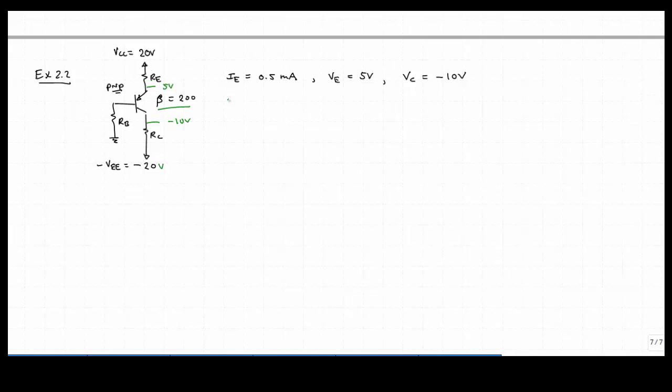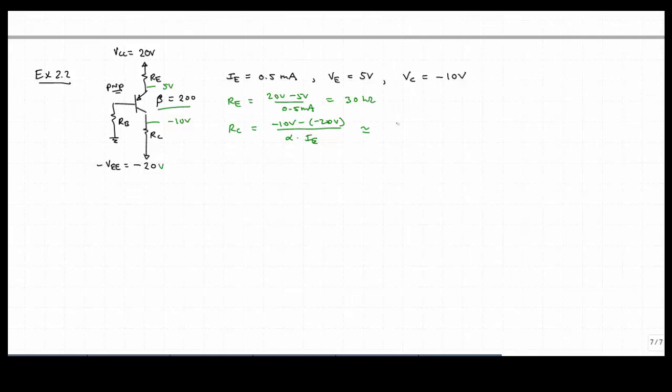We can find RE quite easily because it is equal to its voltage drop divided by its current. So that's 20 volts minus 5 volts divided by 1/2 milliamp. So that will be 15 over 0.5 or 30 kiloohms. RC will have a voltage drop of minus 10 volts minus 20 volts divided by alpha times IE.